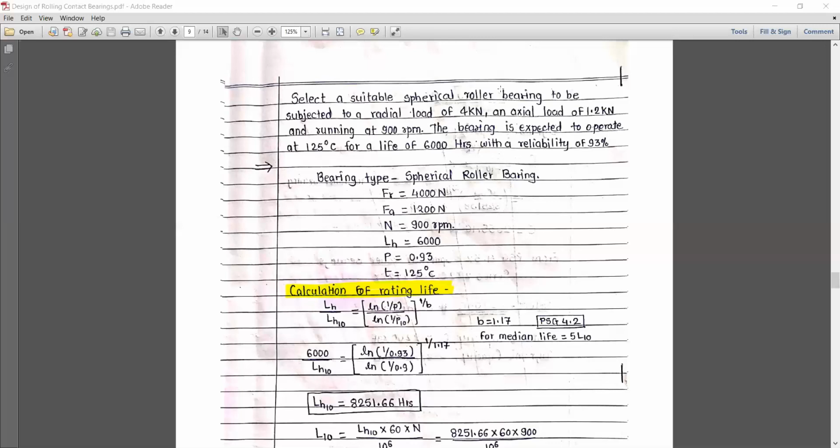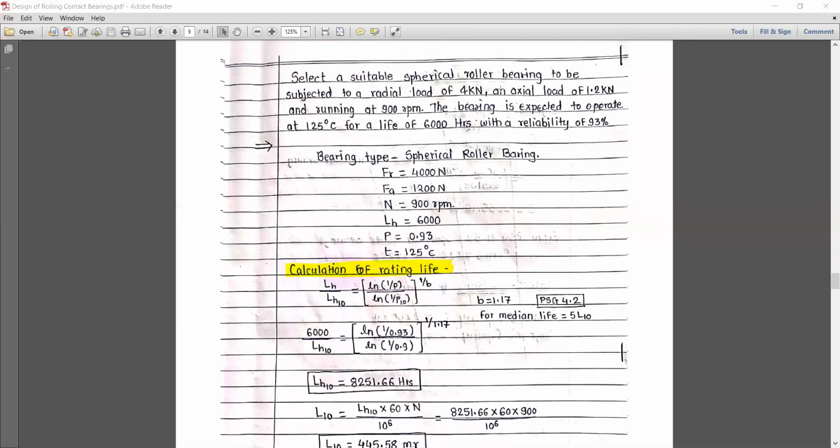You can say probability of survival is 93%. We need to solve this problem by considering the temperature gradient and without temperature gradient. I will explain with and without. So first of all, just note it down.